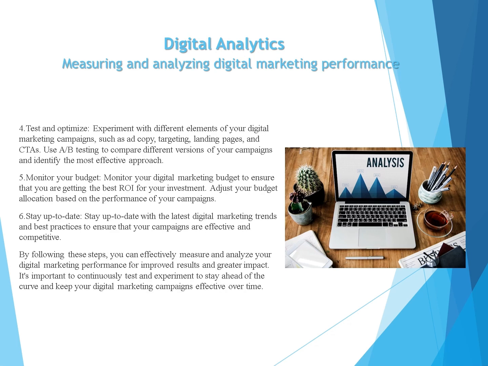4. Test and optimize. Experiment with different elements of your digital marketing campaigns, such as ad copy, targeting, landing pages, and CTAs. Use A/B testing to compare different versions of your campaigns and identify the most effective approach. 5. Monitor your budget.